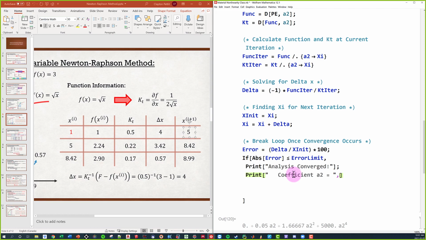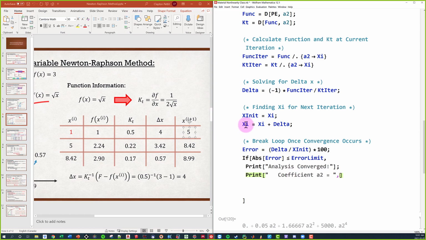This is a good question. If our analysis has converged, what is A2 equal to? No one?